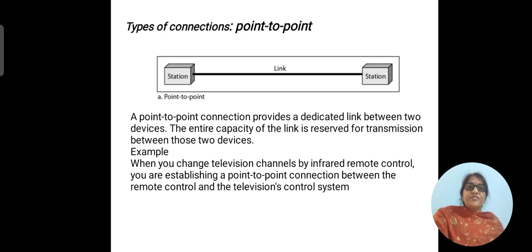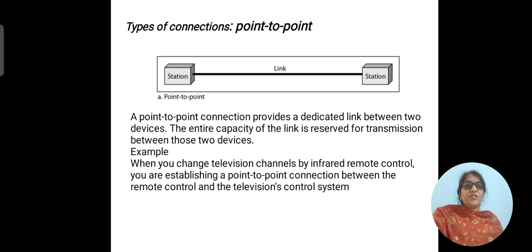Let's repeat. In types of connection, the first one is point to point and the second one is multipoint. In this slide, we have the block diagram of a point to point connection, in which one station is connected to another station using a link.